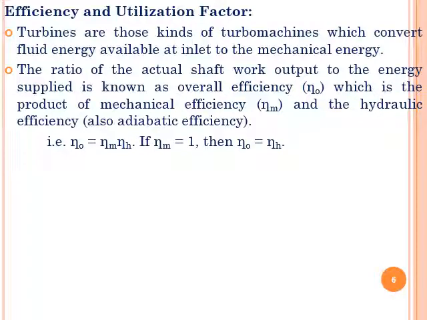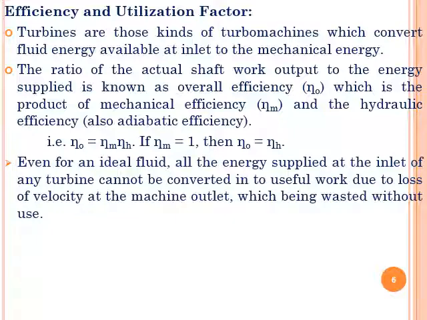The overall efficiency is equal to the product of mechanical efficiency and hydraulic efficiency. In case the mechanical efficiency is equal to 1, the overall efficiency is equal to the hydraulic efficiency.